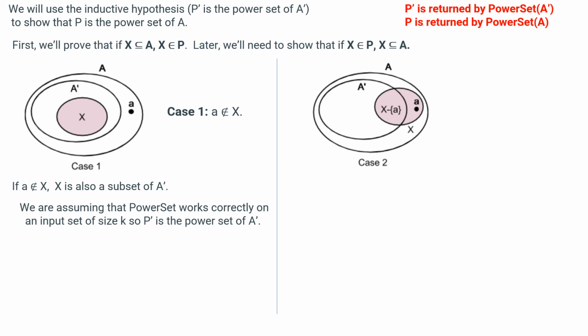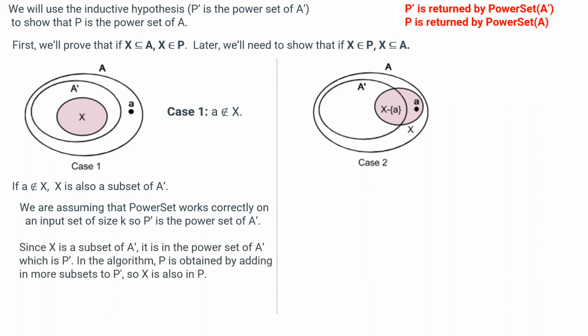So if that's the case, then P prime is the real power set of A prime, and so since X is a subset of A prime, it would show up in that true power set of A prime, which is P prime.